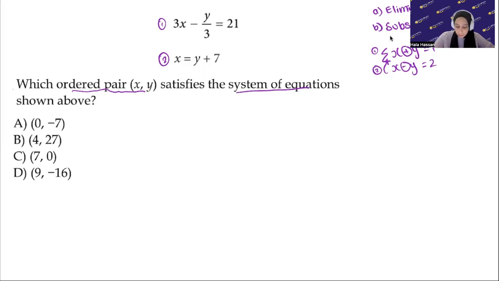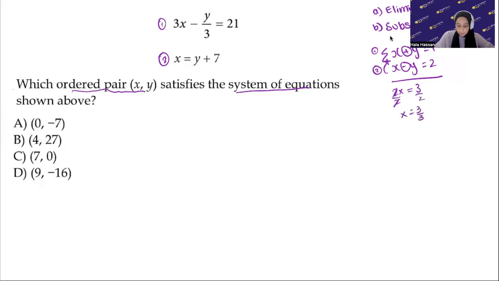Adding, I get 2x plus 0y, which is just 0, is equal to 1 plus 2, which is 3. Then I divide by 2, so x is equal to 3 over 2.